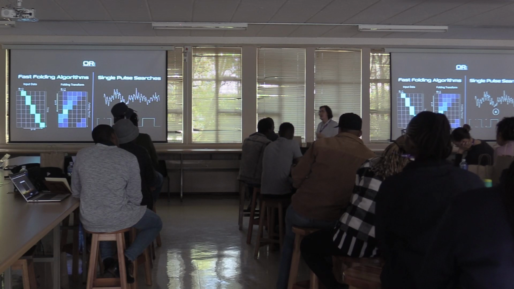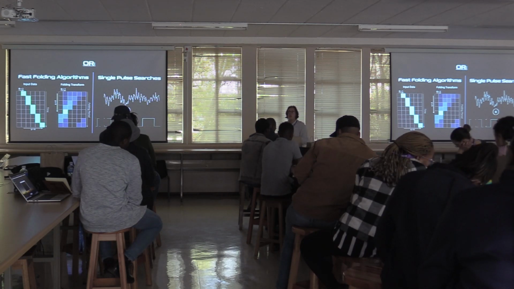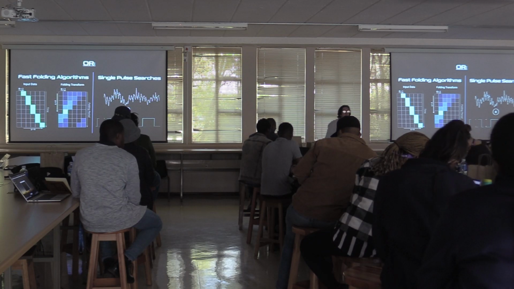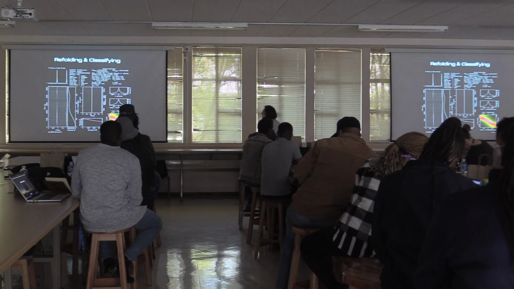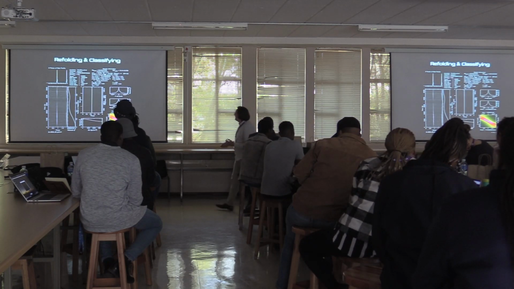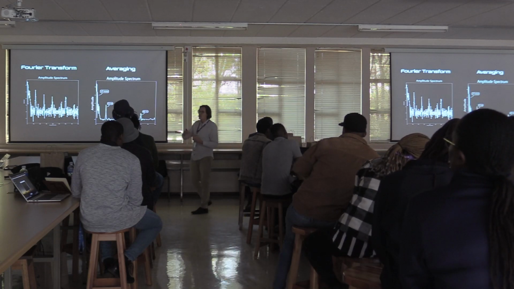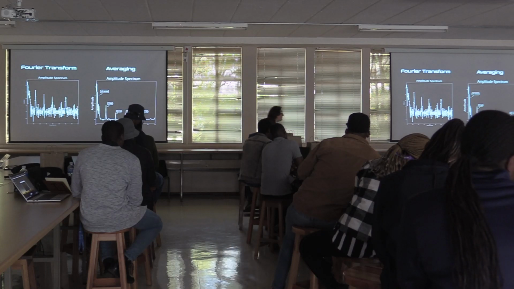So RRATs, which emit very infrequently sometimes, are very difficult to find using this kind of Fourier transform-based periodicity search. Additionally, this Fourier transform-based search is inherently less sensitive to pulsars that repeat slowly, to long period pulsars.